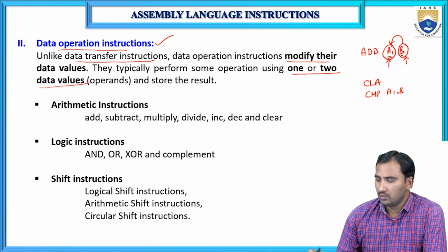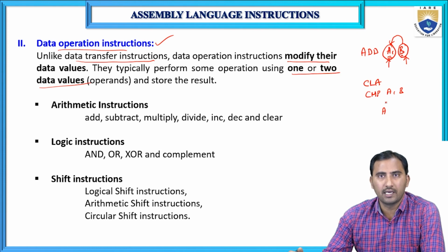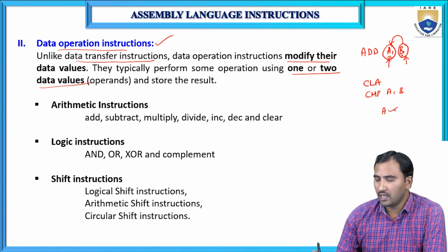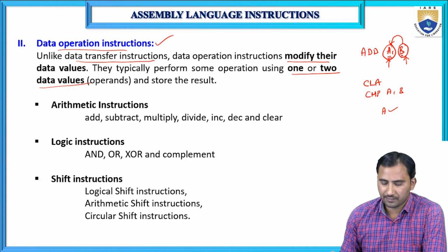Suppose you give register A, and in register A we have some data. Whatever data is present in register A will be complemented after executing the complement instruction. So here we are using only one operand. Based on the operation, it will take either one operand or two operands.